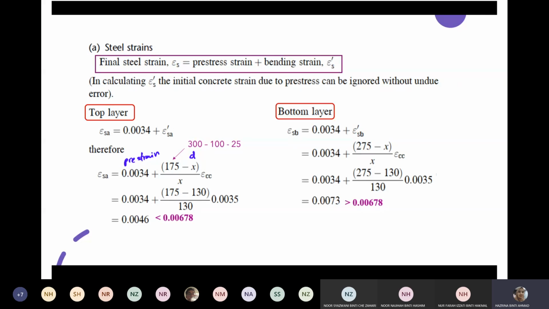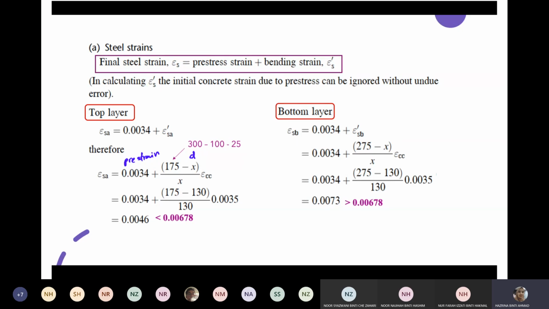From the previous calculation, we have already estimated the value of x, so substitute the value into this equation. We have x equals 130, then epsilon cc is equal to 0.0035. When we calculate this, we will get 0.0046.